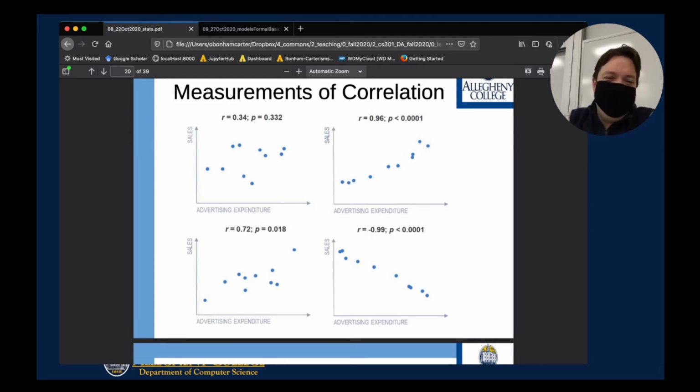Going to the upper left, where R is equal to 0.34, it's not very much. It's not a huge correlation. It's greater than 0, but it's not such a great correlation. It's not very convincing that these two things are somehow connected to each other. In fact, if I saw these numbers, I could also be convinced that it's just random.